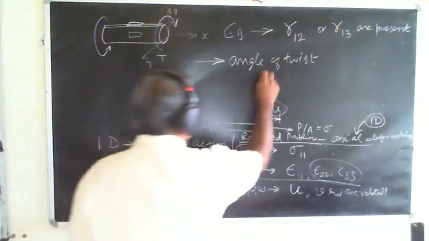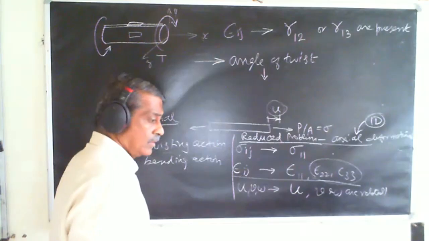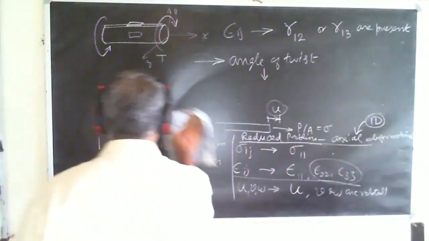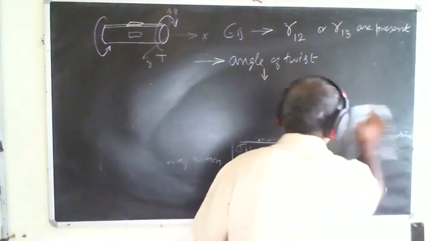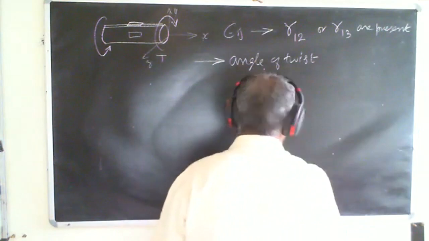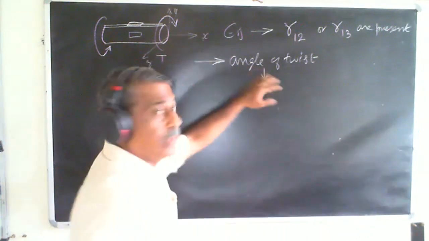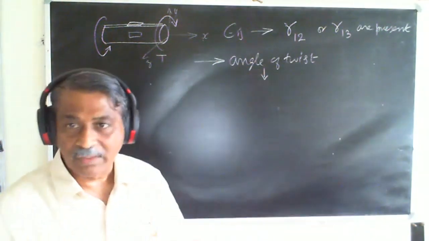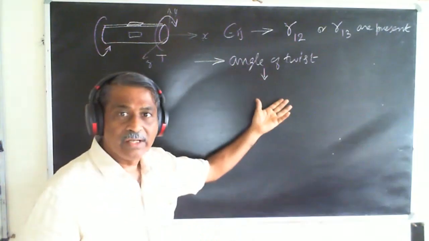From the angle of twist, what did we obtain? Just like from displacement, we got something. From angle of twist, what did we get?